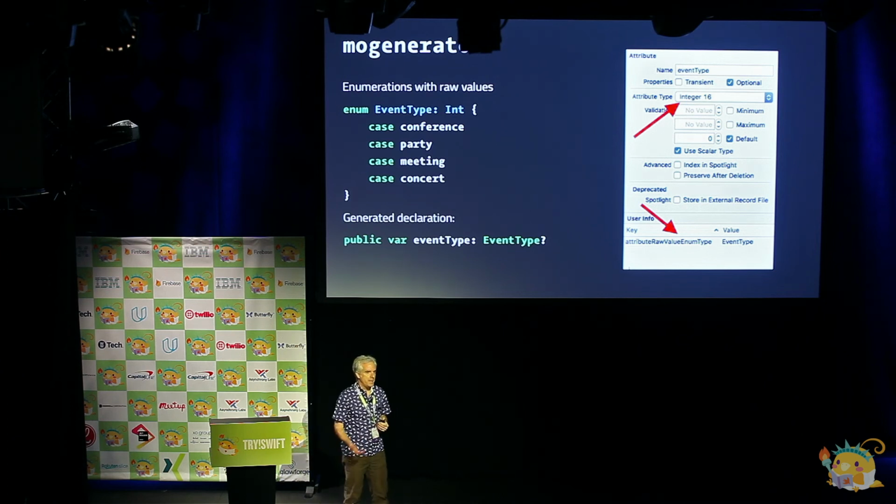This will work for any enumeration with a raw value that Core Data understands. So numeric properties and strings, for example. In principle, you can have raw values by extending the RawRepresentable protocol. Core Data will not understand all of those, but if you can map it to something like a numeric, a string, a date, a binary blob, you're okay there.